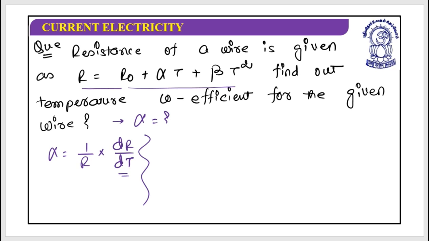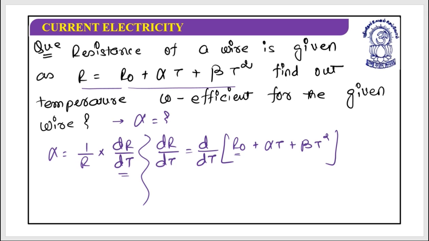Let's calculate dR by dT as our first step. dR by dT is d by dT of R, and R can be written as R naught plus alpha T plus beta into T square. So d by dT of R naught, it is a constant term which will be 0, plus alpha plus, for beta T square, 2 beta T. This is the value of dR by dT.